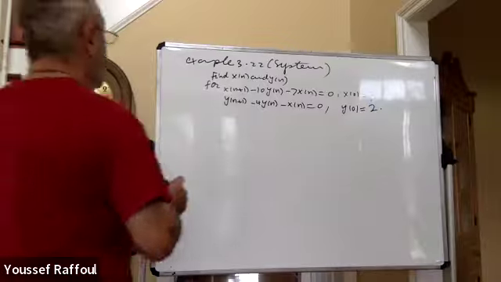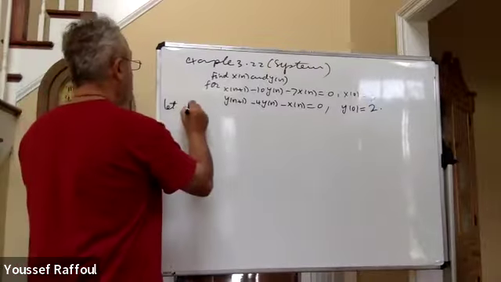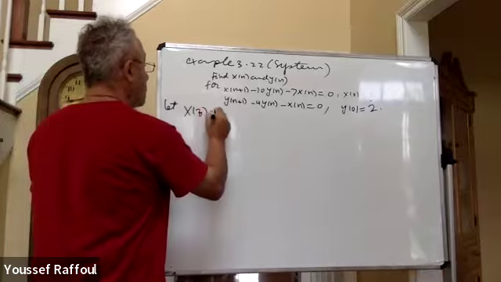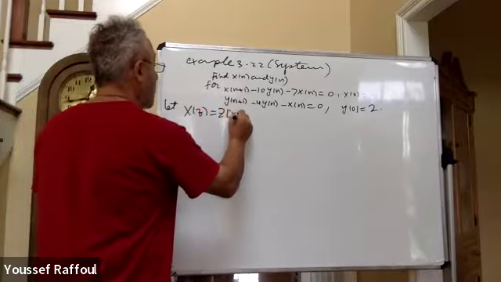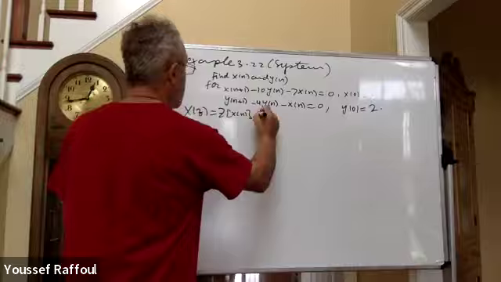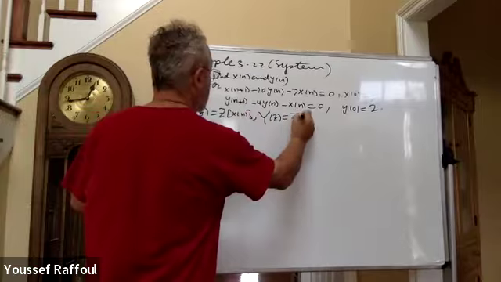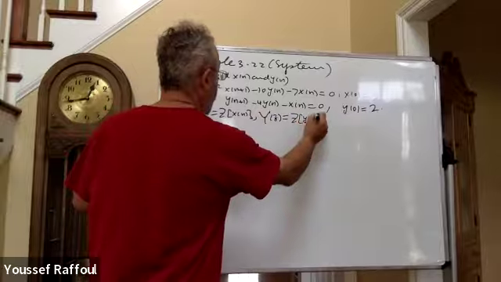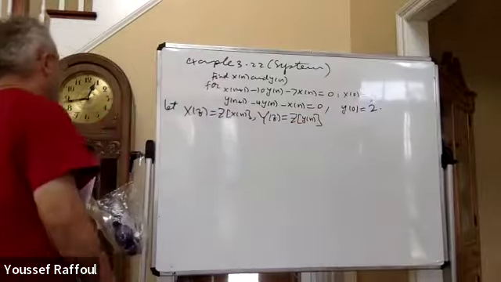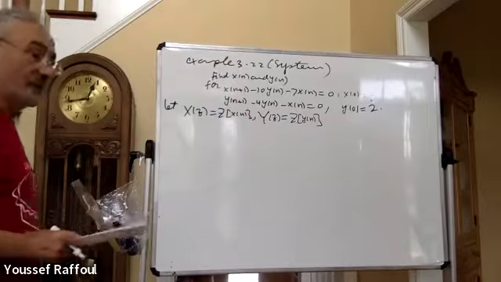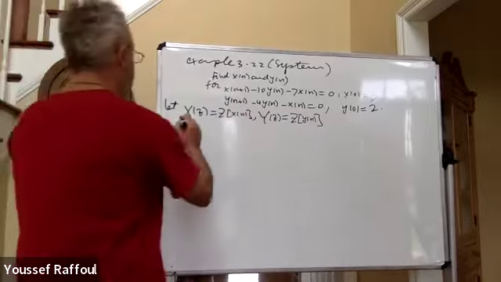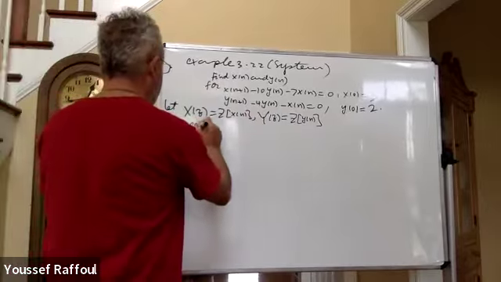So we're going to let X of z equal the Z transform of xn, and Y of z the Z transform of yn. And then apply the transform to both sides.